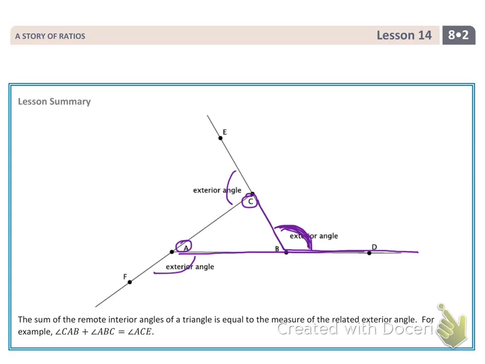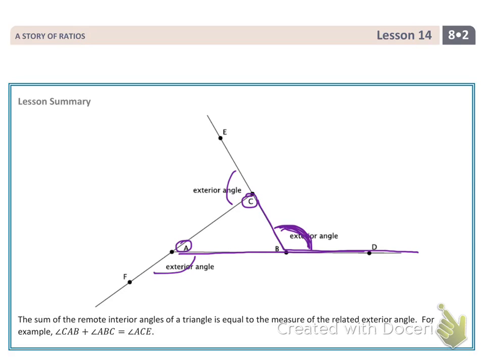And so your problem set is going to focus on these angle relationships and presenting informal arguments to show that your answer is correct. All right, so that was lesson 14. After lesson 14, you're ready for the mid-module assessment.